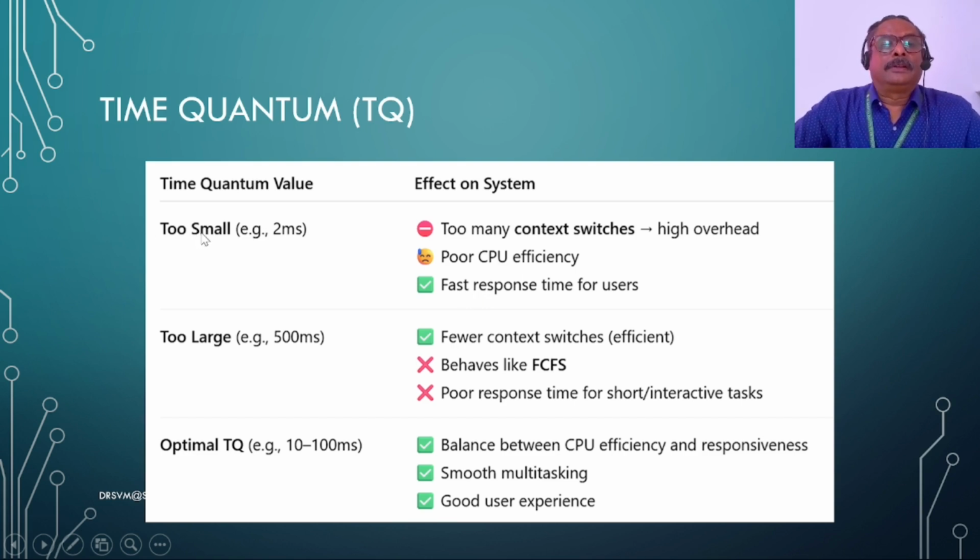Now going to the other extreme, if the time quantum is too large, like 500 milliseconds or so, definitely the number of context switches is very small, so we can say it is efficient compared to the overheads and all that.